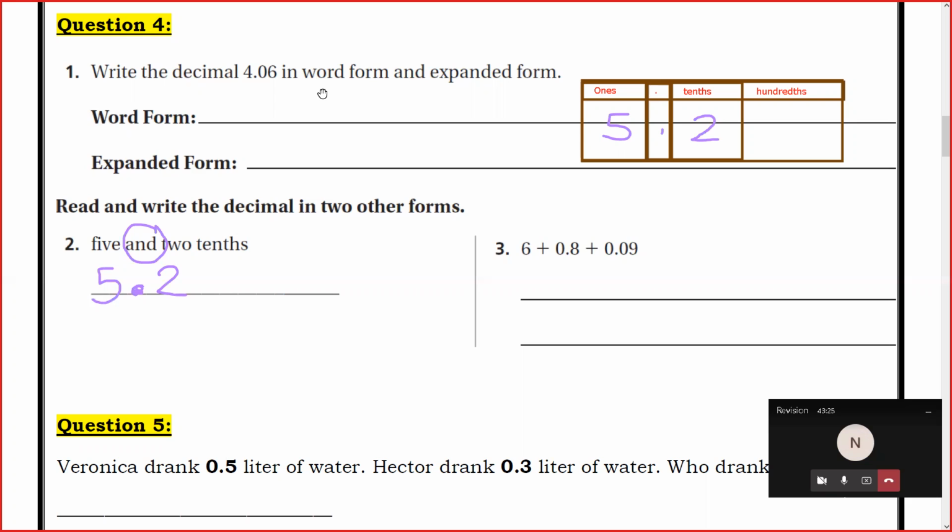Is it clear? Yes. Now, if I tell you 5 and 2 hundredths, how will it be? Who can help me? Wait, please.